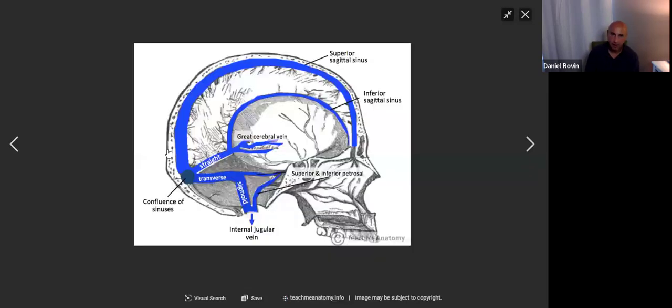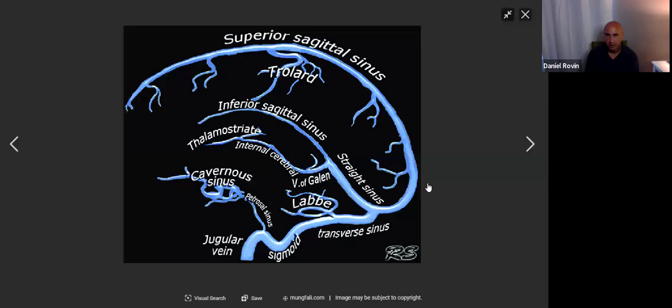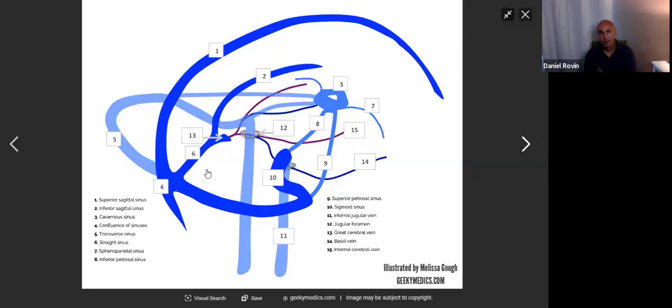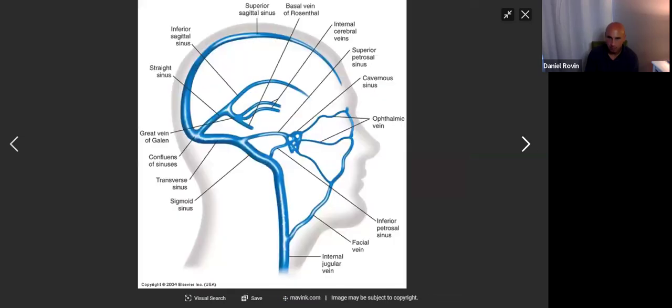Here's the big sagittal sinus, straight sinus into the sigmoidal sinus. Here is the inferior sagittal sinus. The sagittal sinus is the big one. It's just a massive amount of, if you will, collection of cerebral spinal fluid and used blood by the brain.